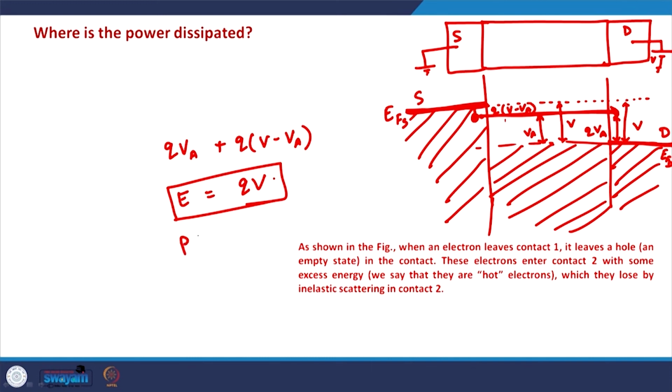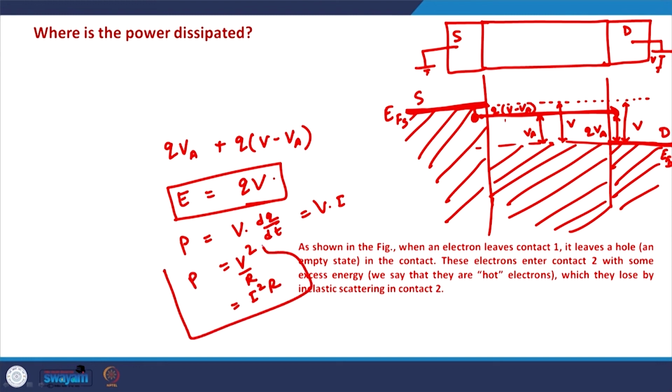So, the power dissipation will again be the rate of energy dissipation. If there is a constant voltage, it is V times the rate of charge flow, which is V times I. So, it will be V square by R or I square R, the same amount of power will be dissipated in this case as is dissipated in the diffusive transport case.